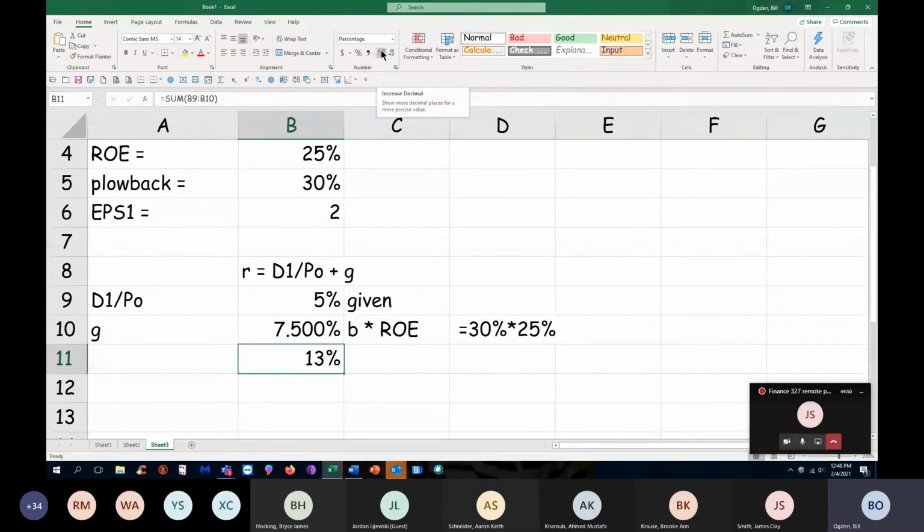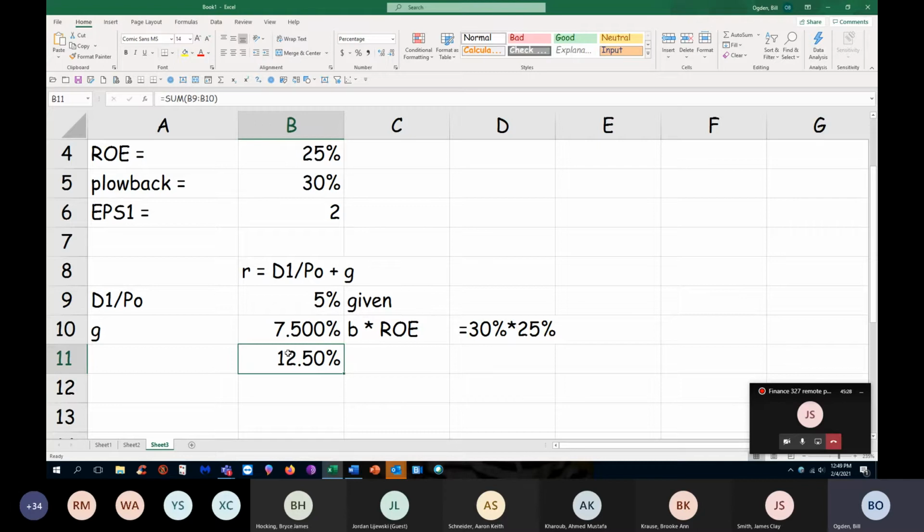You might make a habit of giving percentages two decimals, because you can see that anything from 11.51 up to 12.49 will be shown as 12%, won't it? So if you give it two decimals, you'll be fine.